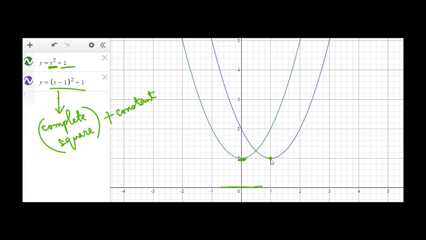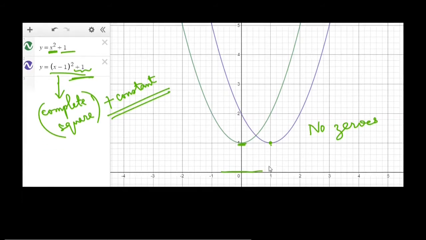After the complete square we have plus 1 here. So plus constant. The positive value of the constant is here also in this curve. So this curve is also not intersecting the x-axis here. So these curves have no zeros. These polynomials have no zeros.